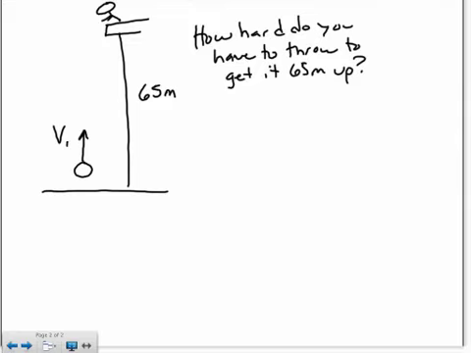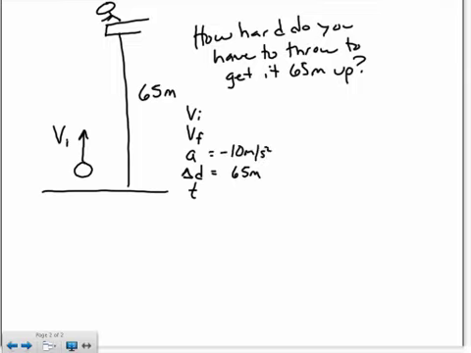So what is my initial velocity now? What do we know? 65 meters, is that positive or negative? Positive, because we're going up. What else?